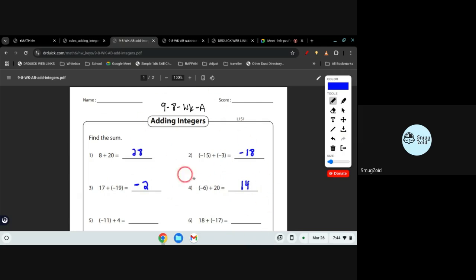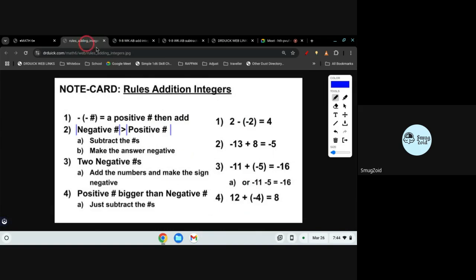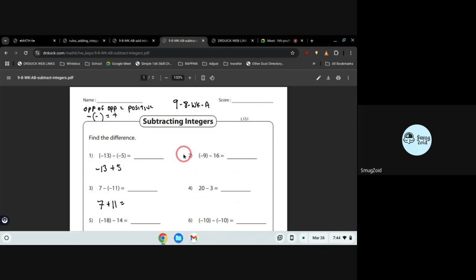So adding seems pretty straightforward if you're using the note card, okay? Now, the only one that had like a negative is this one, which actually literally is subtracting an integer. Now we're going to look at a worksheet that has to do with that. And really, it's all about practice. When you say negative, you're really saying the opposite of a number is going to equal a positive number.